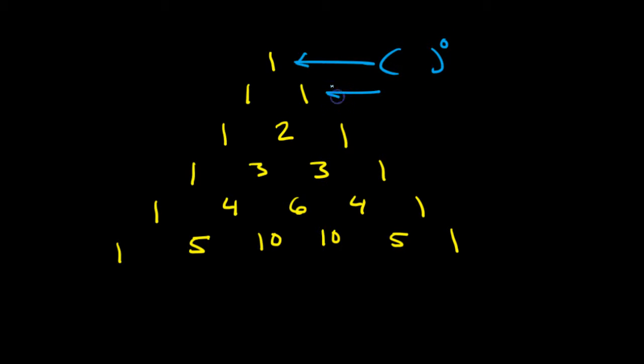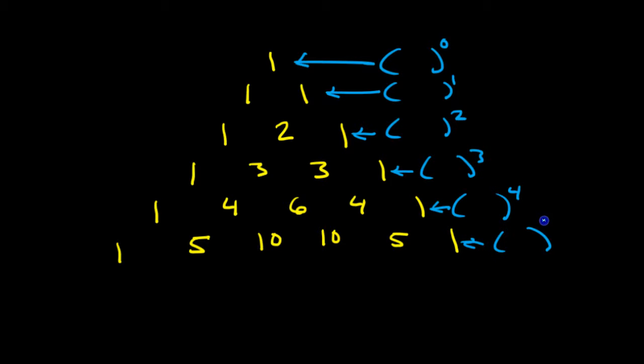If I want to do the first power, then I use this row. If I want to do the second power or the third power or the fourth power or the fifth power, I'll just need to know which row we are talking about.